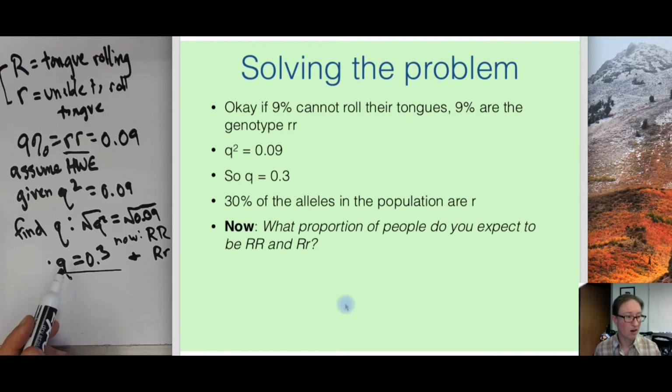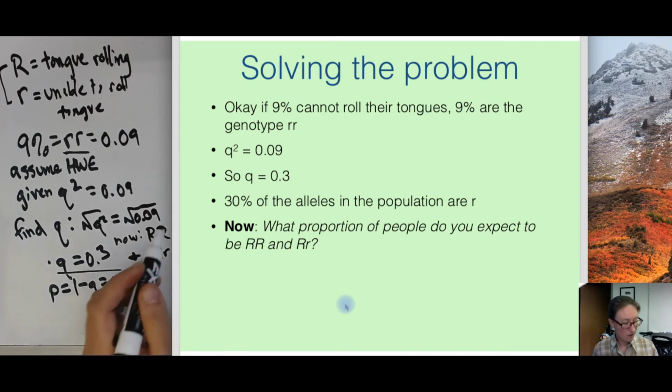So Q is our frequency of the little r allele. So if we want to figure out the frequency of the big R allele in the population, that's going to be P. And that's going to be equal to 1 minus Q, because P and Q have to add up to 1. So that means that P is 0.7 in this population.